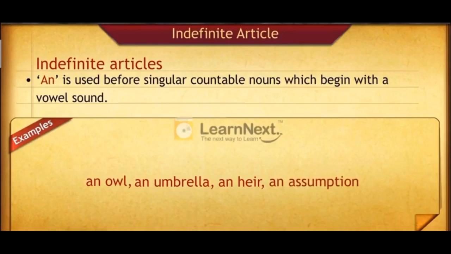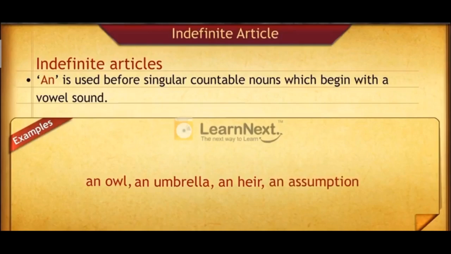So let's take a look at the example. An owl, an umbrella, an hour, an assumption. So all these words, they have a vowel sound. Like in owl we have o as the vowel, and umbrella u as the vowel, and so on.